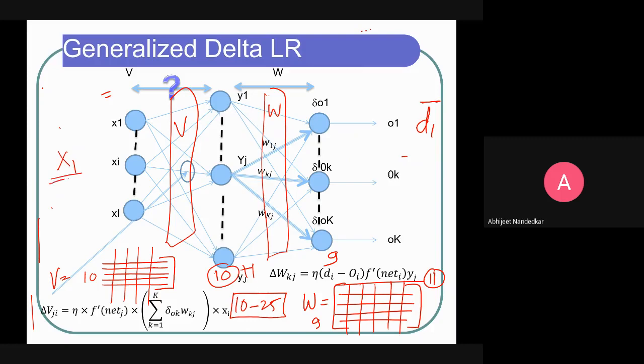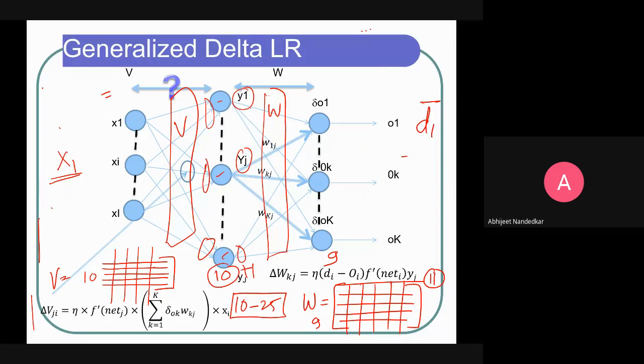So this input is applied. It will be multiplied with V. You will get net values for each neuron and then you will pass those net values through the activation functions here. That will give you Y values for each hidden unit and that will form the hidden output vector.